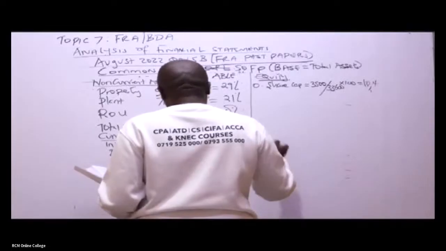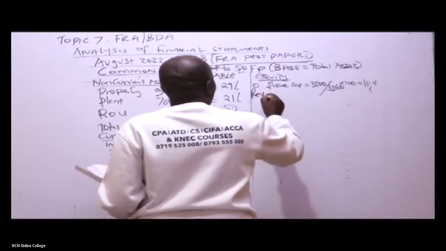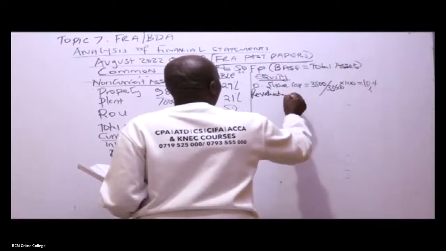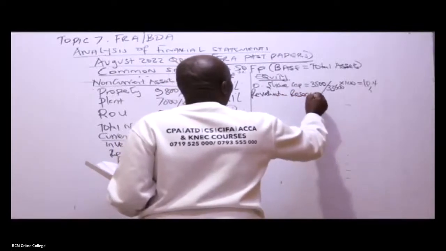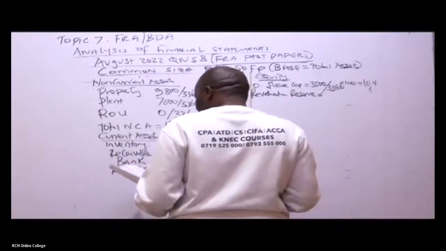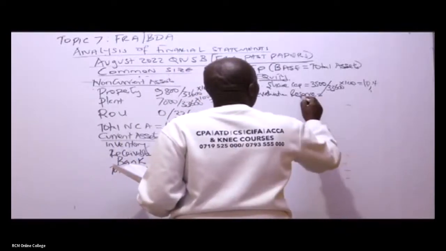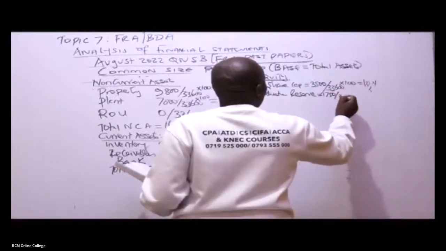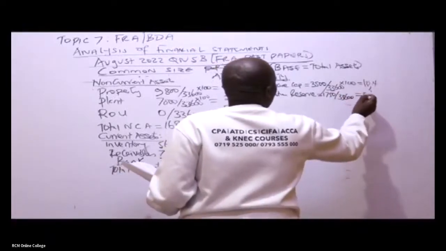Then we have a revaluation reserve. What am I able to see there, ladies and gentlemen? 1,750 divided by 33,600. What are we able to get here?